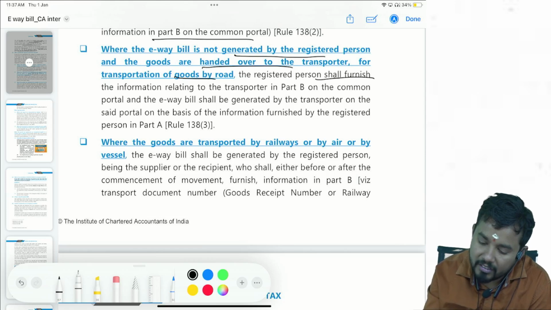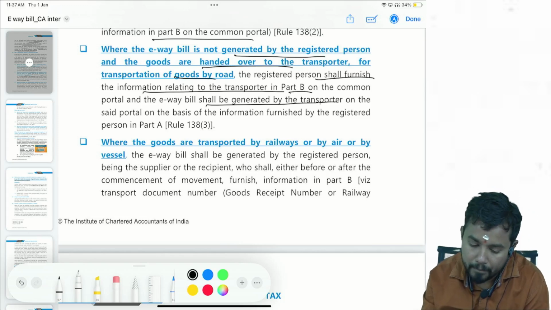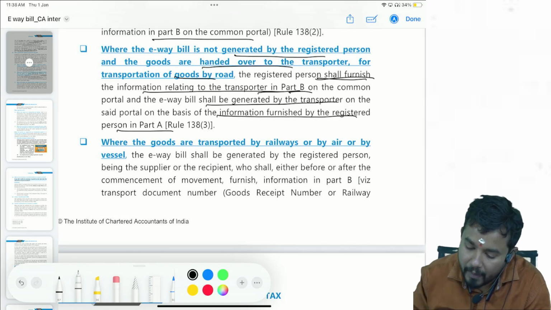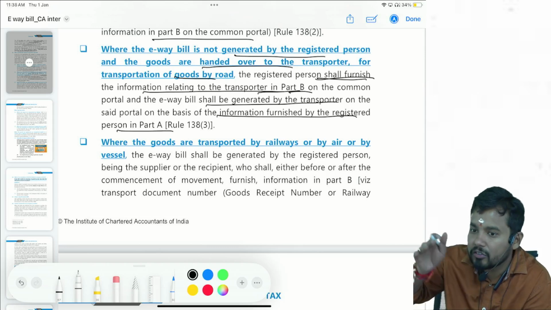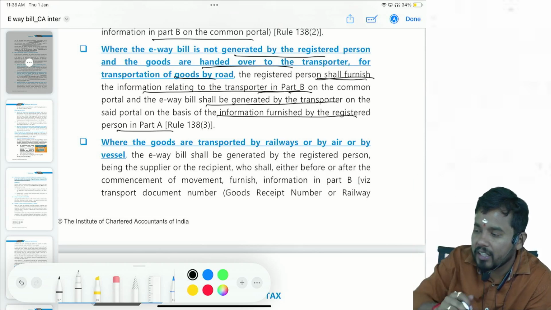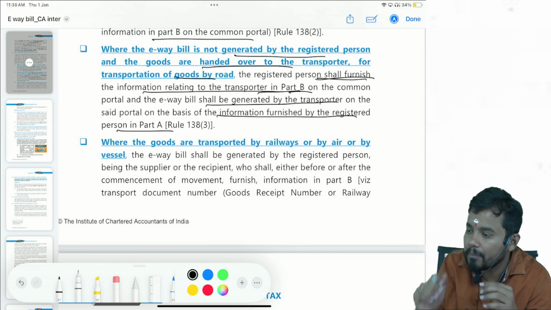The registered person shall furnish the information relating to the transporter in Part B on the common portal, and the e-way bill shall be generated by the transporter on the said portal on the basis of the information furnished by the registered person in Part A. The transporter has to fill Part B and generate the e-way bill based on the information submitted by the consignor in Part A.